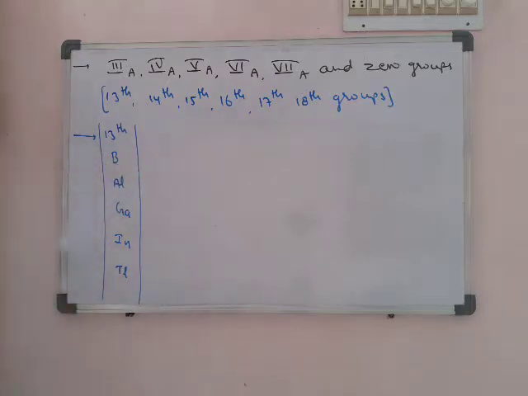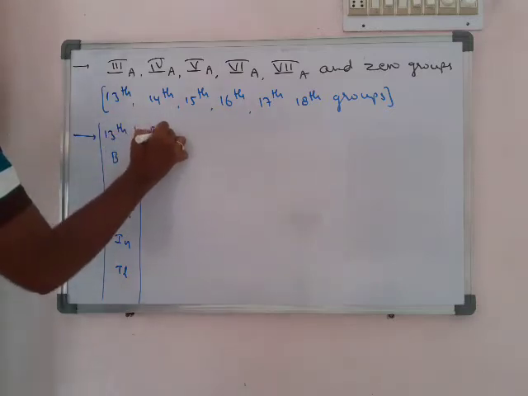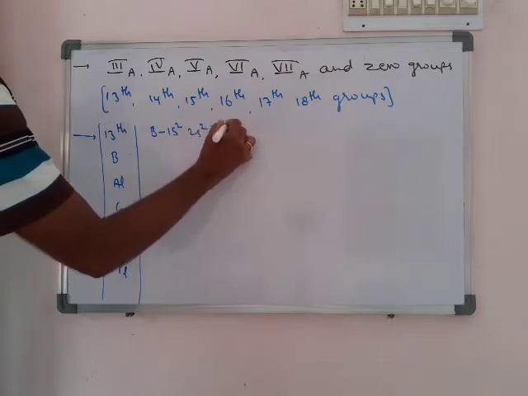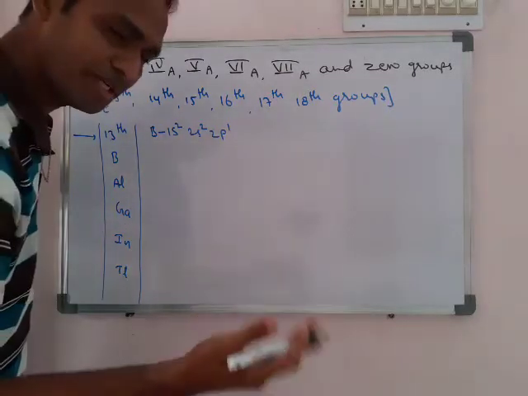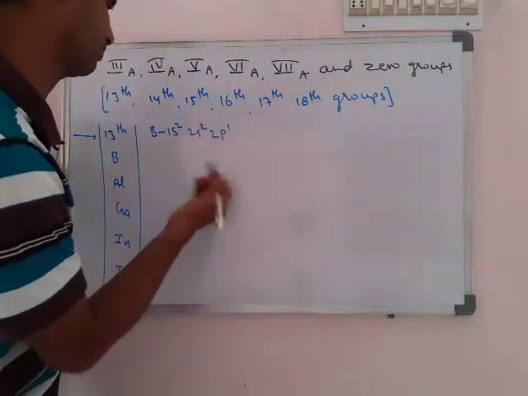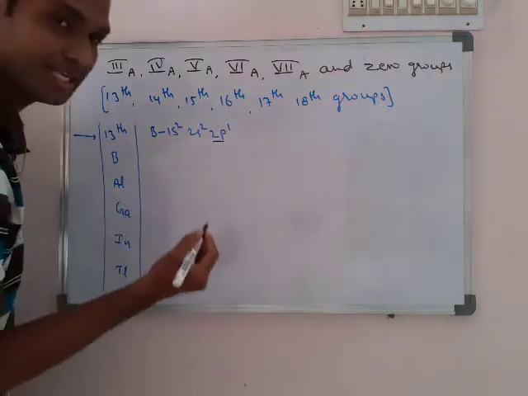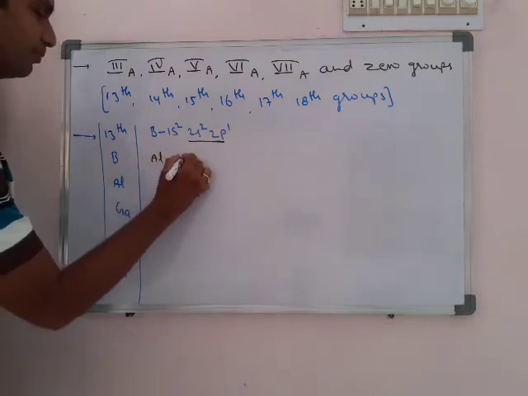If you see their configuration, for example, what is the boron configuration? 1s2, 2s2, 2p1. Where is the differentiating electron present? The newly entered electron is in 2p1, so it is a p block element. What is the valency configuration? 2s2, 2p1.